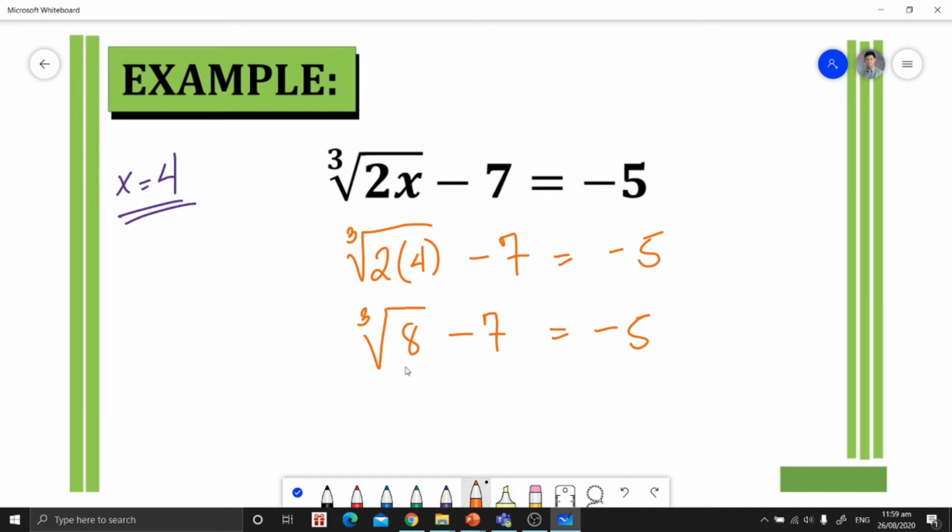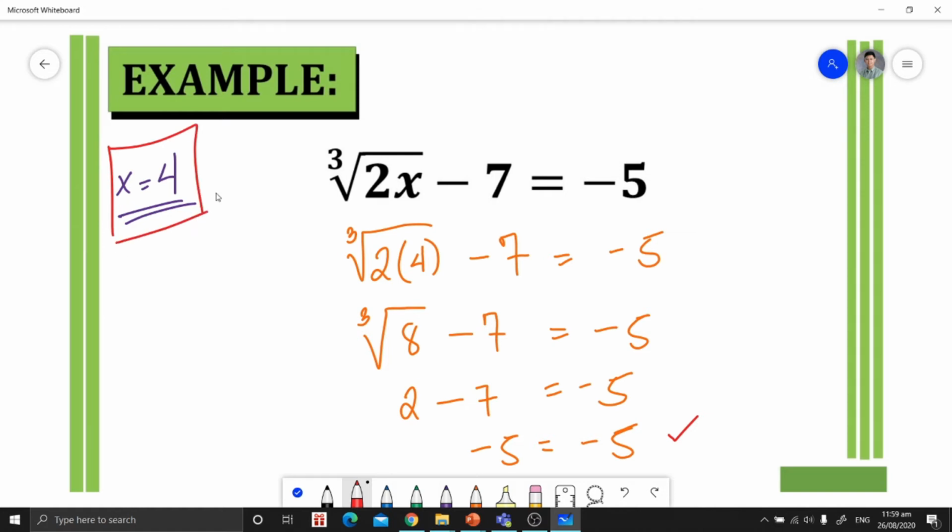What's the cube root of 8? That is equal to 2. 2 minus 7 is negative 5, which is equal to negative 5. Are they equal? Yes, it satisfies our equation. Since it satisfied our equation, the true value of x is 4, and that will be our final answer.